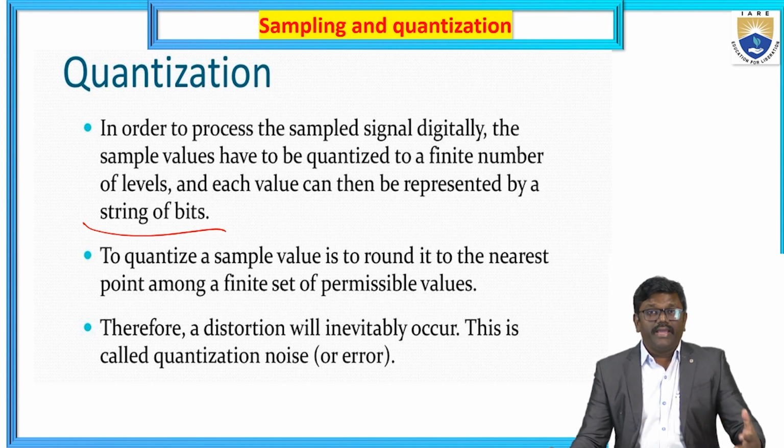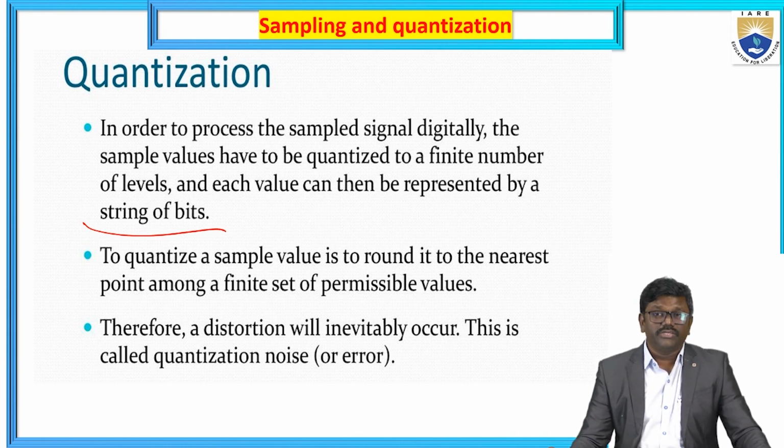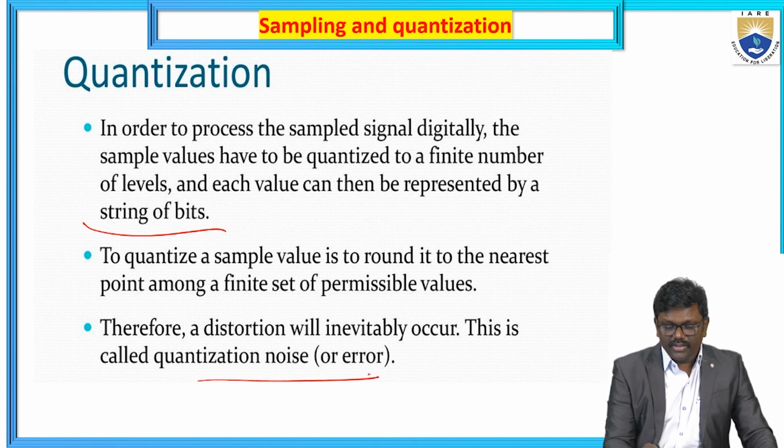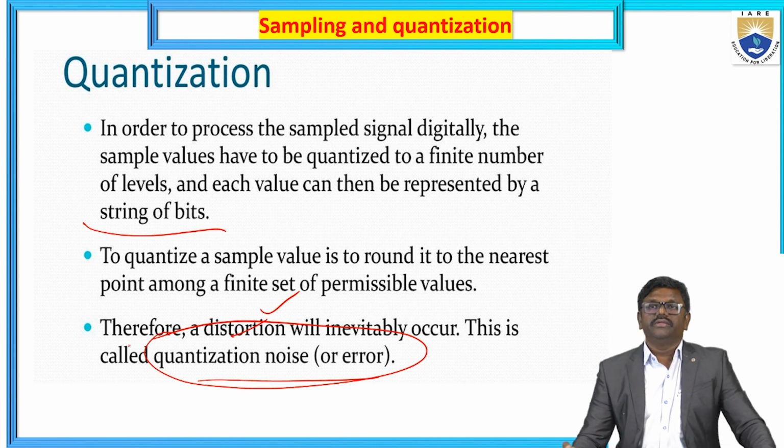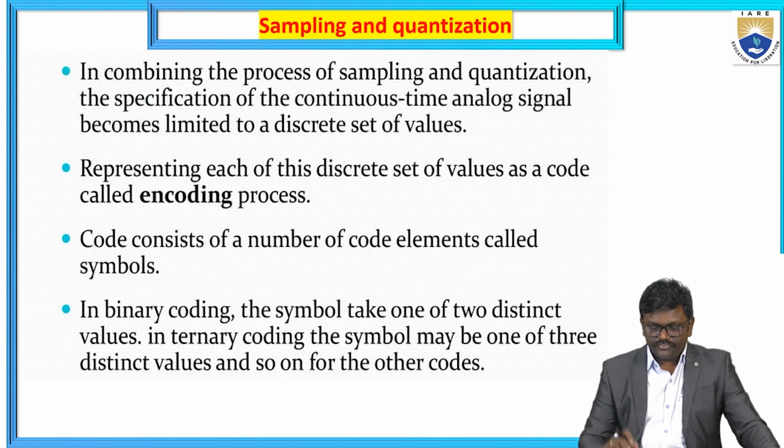To quantize a sample value is to round it to the nearest point among a finite set of permissible values. Therefore, a distortion will inevitably occur. This is called quantization error. When distortion occurs, that is called quantization error only.